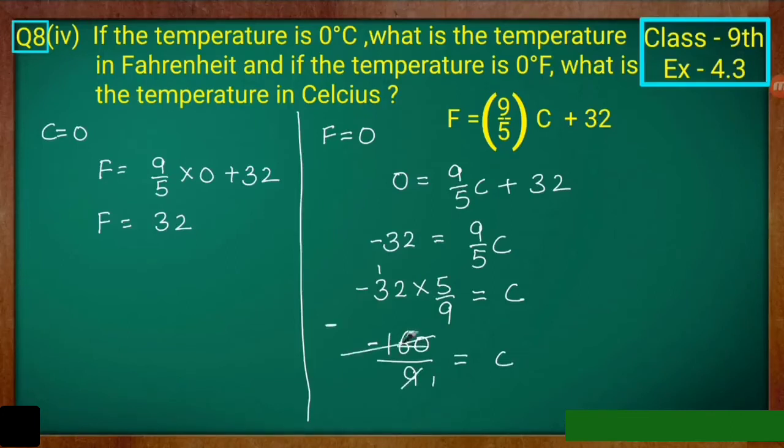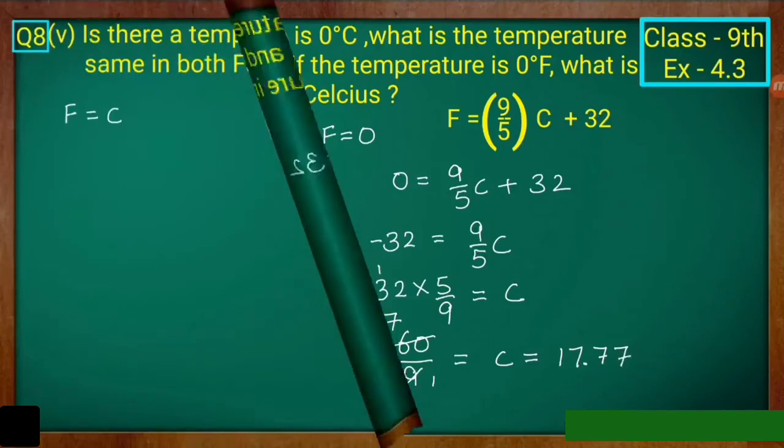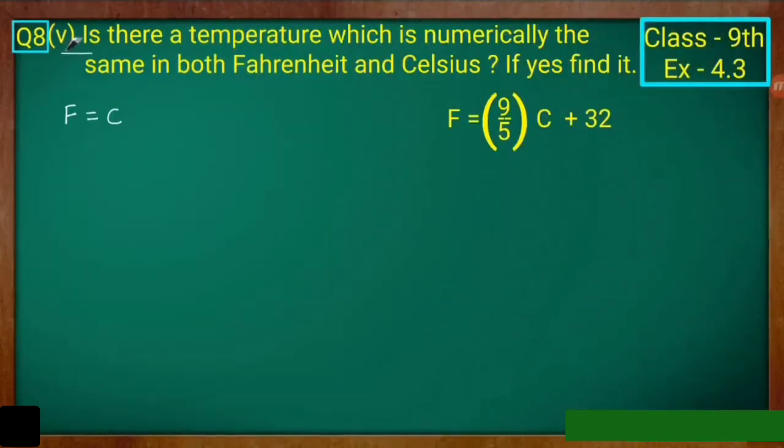So when we divide minus 160 by 9, remainder is 7. 9 sevens are 63. 17.7. So when Fahrenheit is 0, Celsius is minus 17.77.